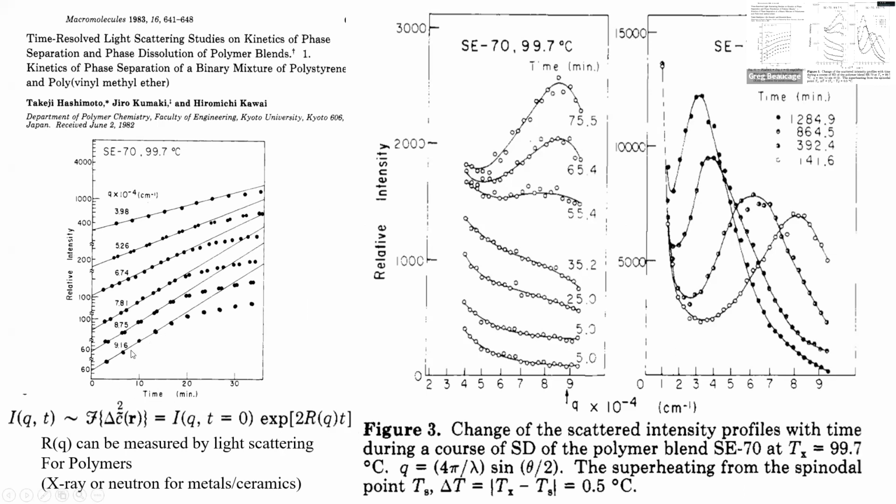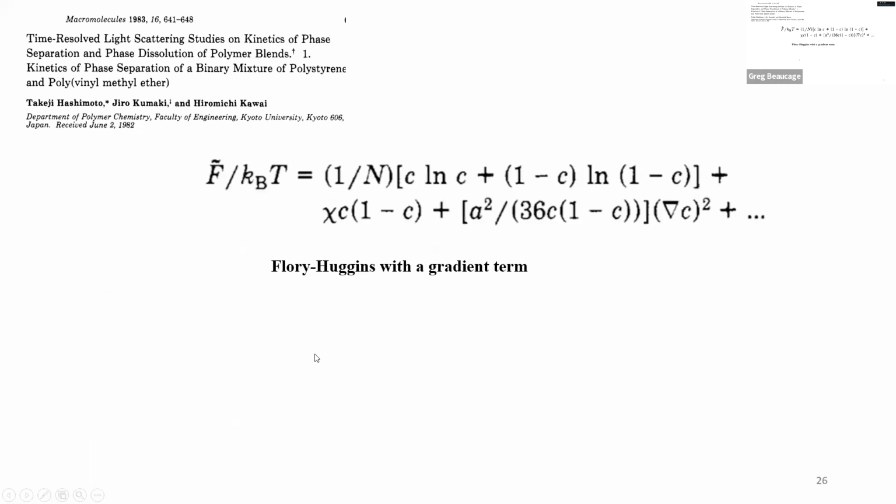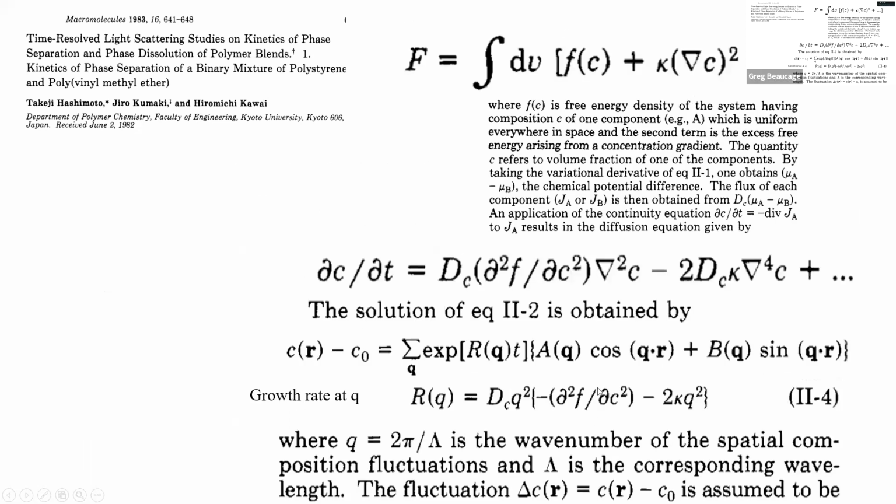Then the slope of that is the growth rate, R(q), and if you relate R(q) back to the Hildebrand equation, you can predict what R(q) is from the Hildebrand equation. The interaction parameter and the composition will give you how fast that spinodal decomposition is going to happen in the system.